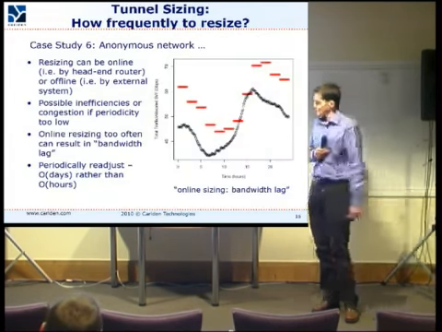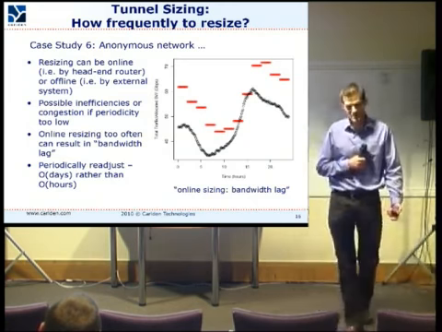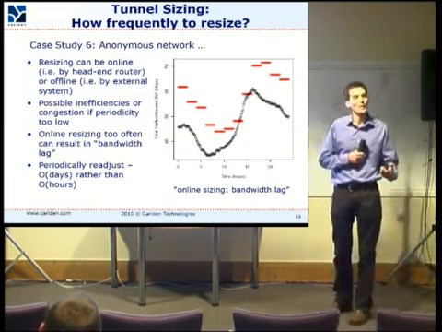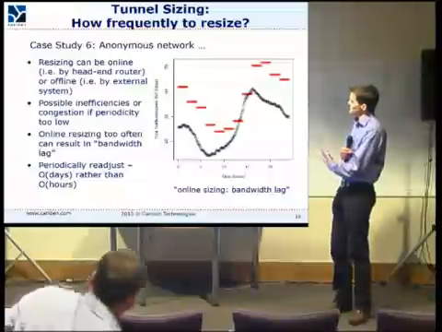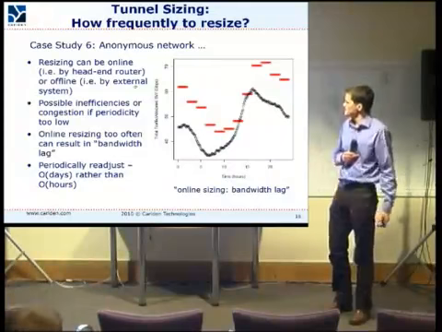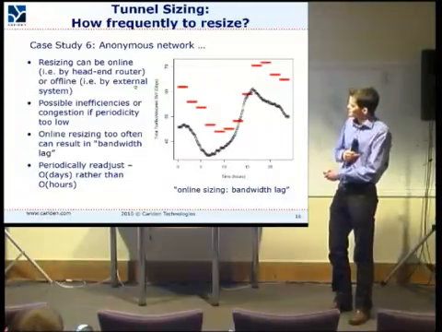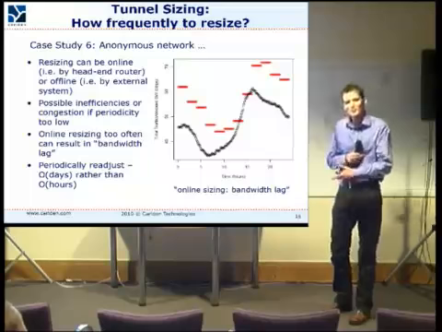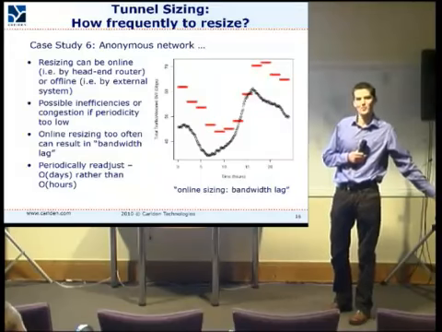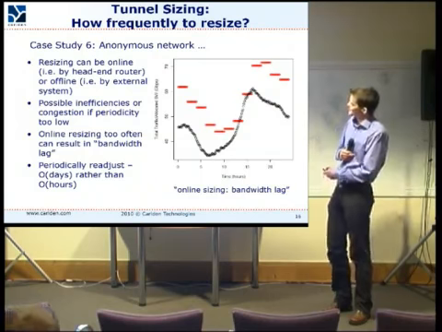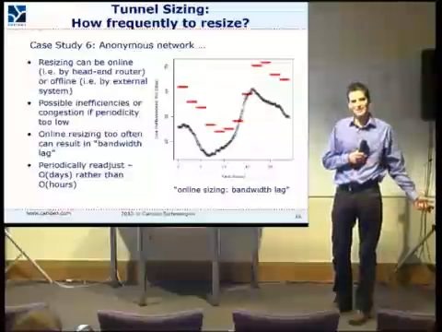This is another example showing an issue with having the head-end routers set the tunnel bandwidth. In this case, it was being done on an every-couple-of-hours basis. As you can see, this is what's happening with the traffic, and this is what's happening with the tunnel bandwidth. Because the router's setting the tunnel bandwidth based upon the traffic in the past couple of hours, what's being set for the tunnels is lagging what's actually happened.